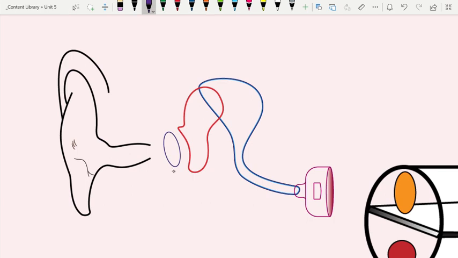So as mentioned above, we have the tympanic membrane. It can actually be tightened or loosened by a muscle that attaches to it called the tensor tympani. And this is important because this acts as a protective measure. So the tensor tympani is sensitive to very rapid changes in the amount of force put onto the tympanic membrane.